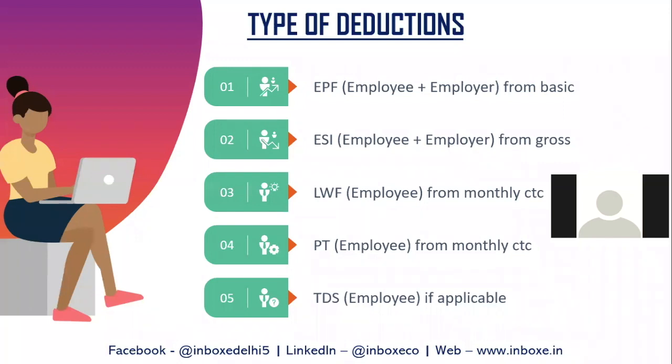Earlier it was 700, but after upgradation from the government side, it's been mentioned as 1800 from both sides. Meaning the employee will also contribute 1800 and the employer will also contribute 1800. So that means 3600 will be deducted from your monthly CTC amount.